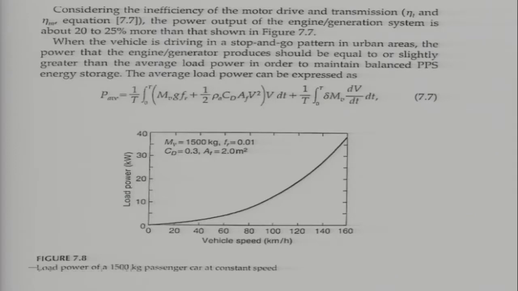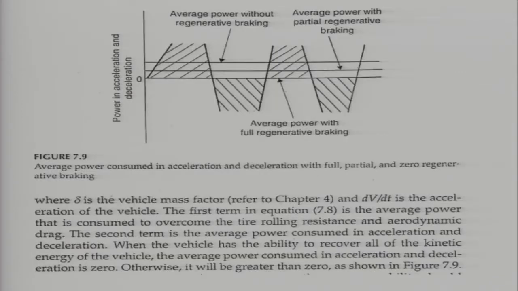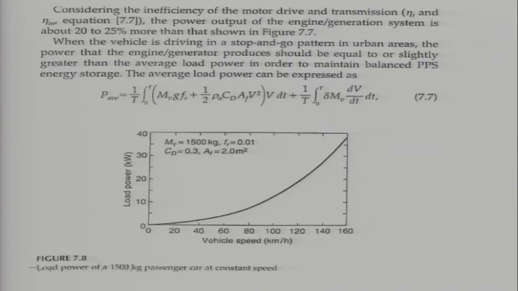Here again these are all parameters expressed in the first part of the equation, where delta is the vehicle mass factor and dV by dt is the acceleration of the vehicle. This is the acceleration part, V is the velocity, not the voltage.